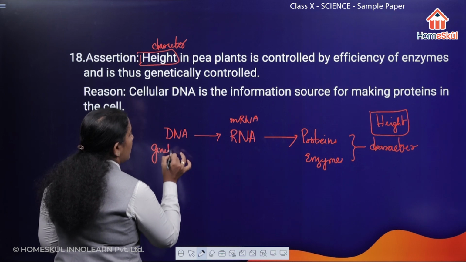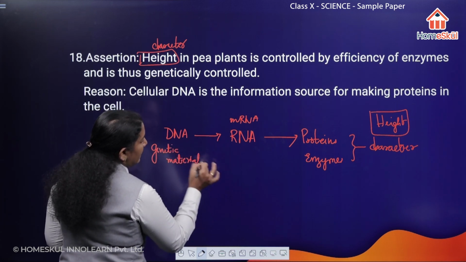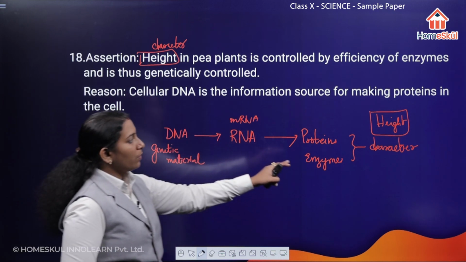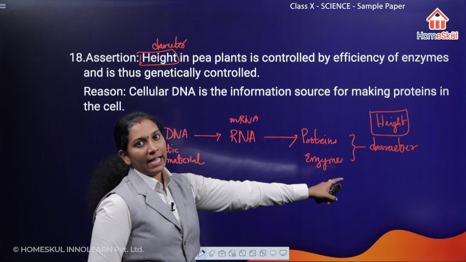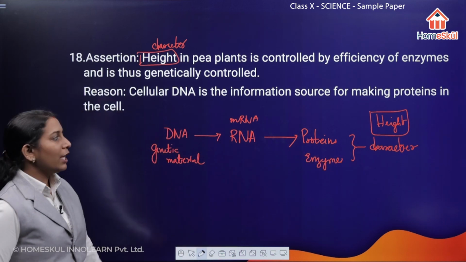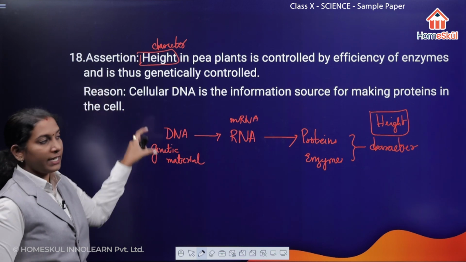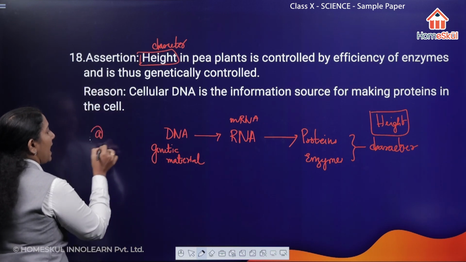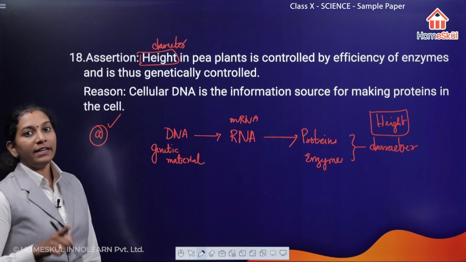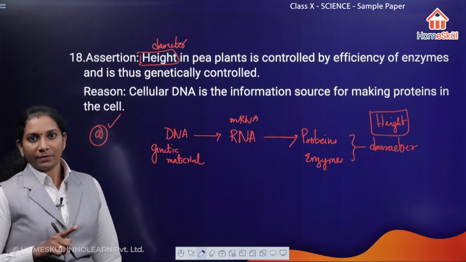Using this genetic material, the proteins are synthesized, and these proteins specifically help a particular character to express in these pea plants, right? So both the assertion and reason are true, and you can choose option A as the correct one. The assertion and reason are correct and the reason is the correct explanation of the assertion.